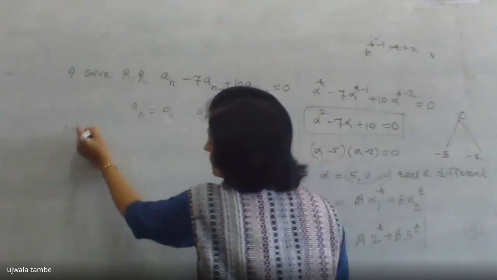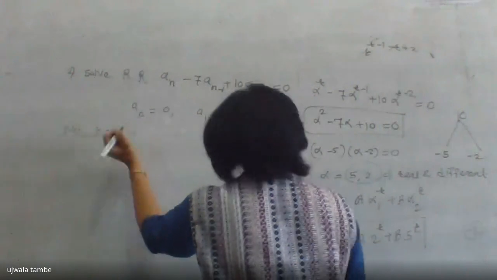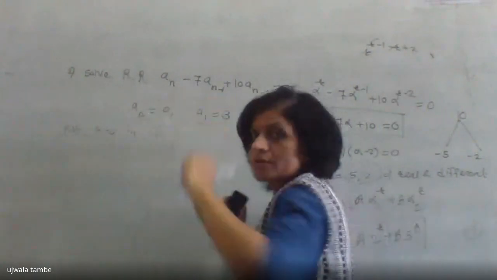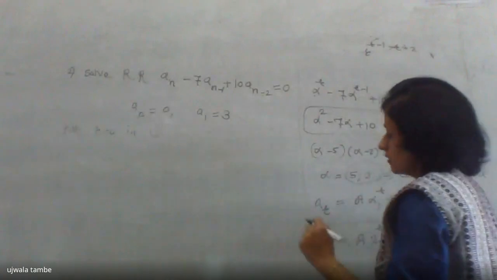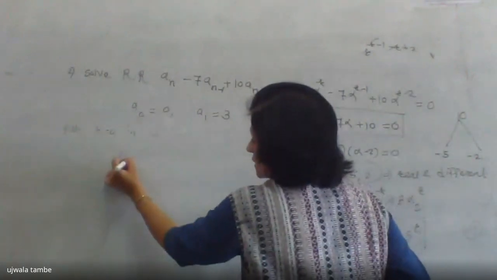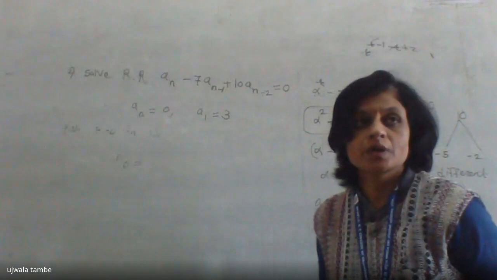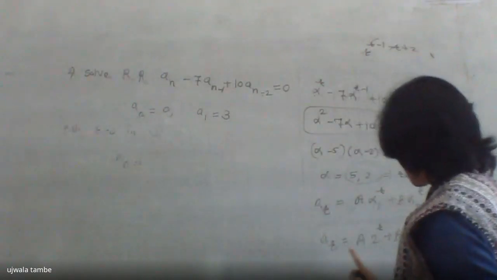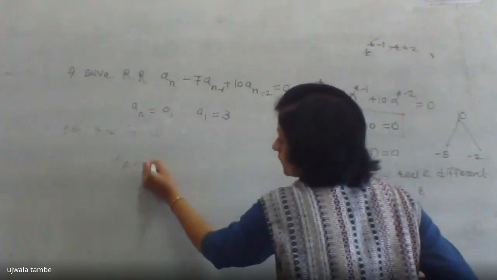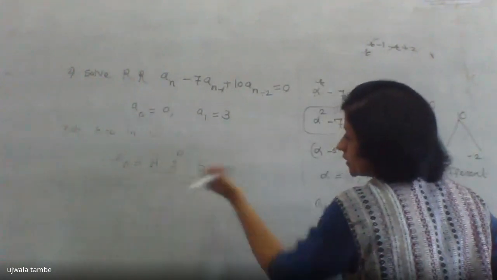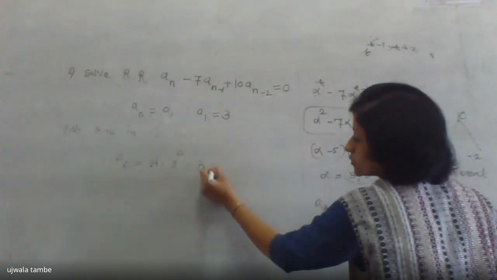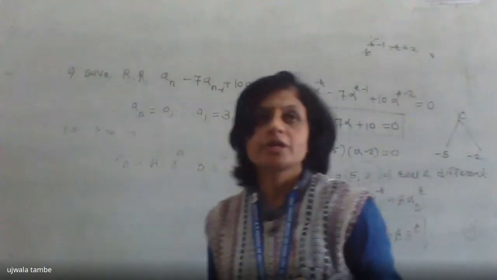Therefore, a_0 is equal to A into 2 raised to 0 plus B into 5 raised to 0.